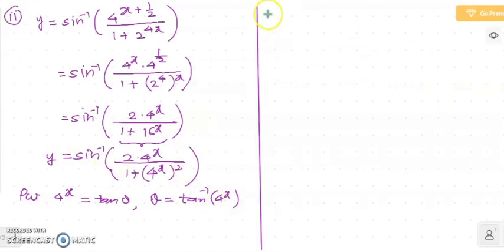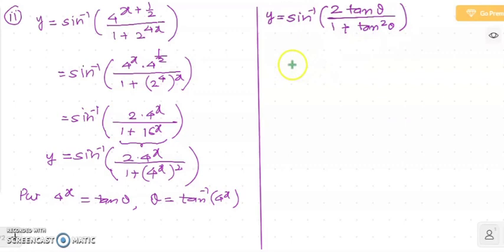Now therefore y is equal to sine inverse of, writing this in terms of theta, 2 into 4 raised to x is taken as tan theta, so 2 tan theta divided by 1 plus 4 raised to x square, which means tan square theta.